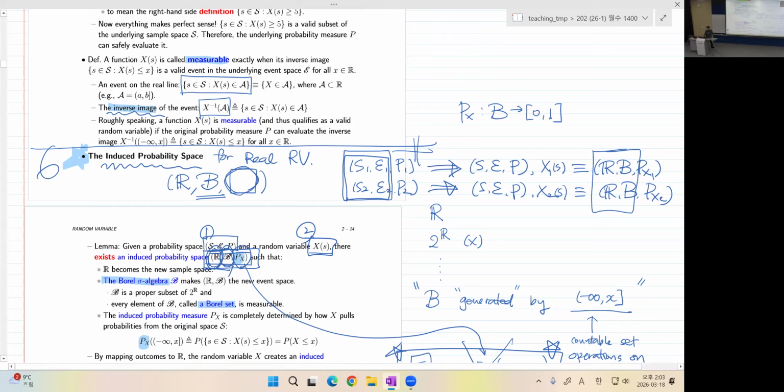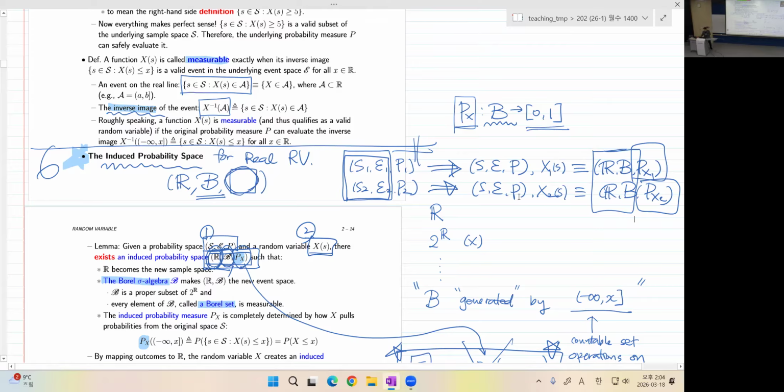Got it? Every subset in this Borel sigma field gets a number between 0 and 1 from this induced probability measure, and this mapping rule differs depending on your probability measure. Got it? So this is the idea.